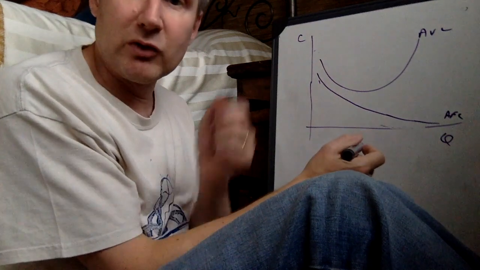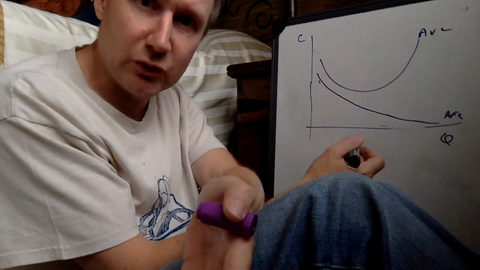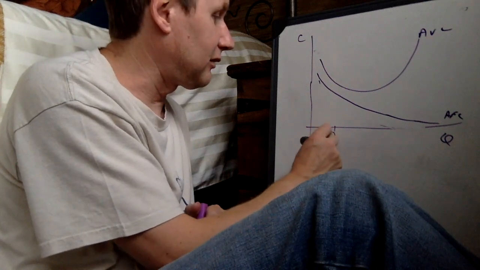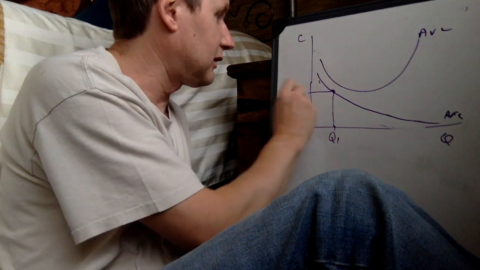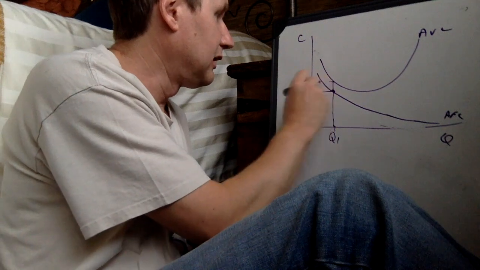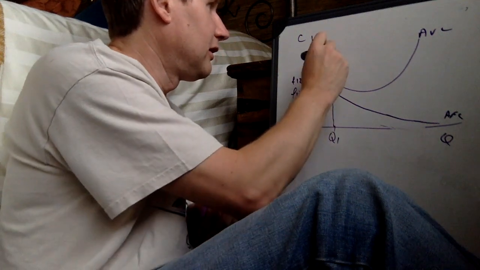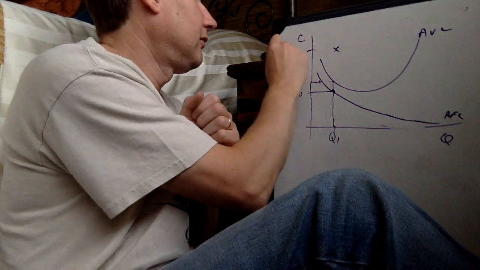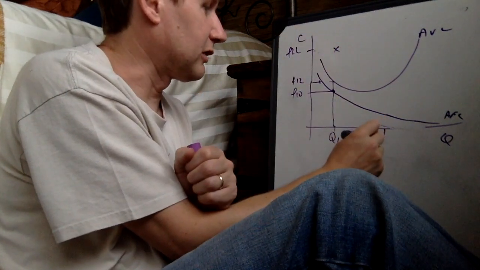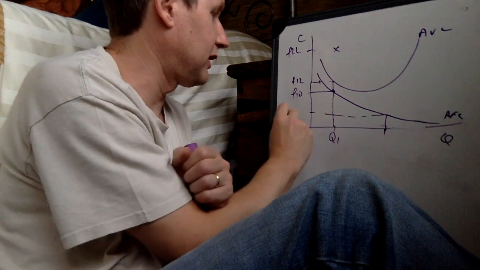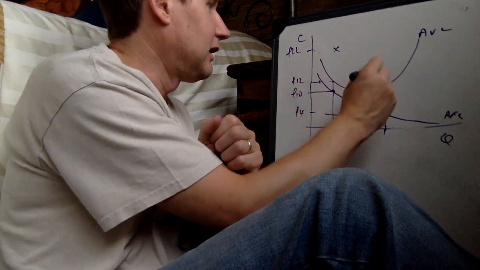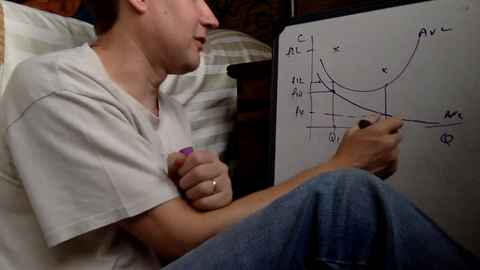To find average total cost, the actual average cost per unit, so that you can set your price: say at one output, fixed cost is 10 quid per unit and variable cost is 12 quid per unit, therefore the average total cost is 22 quid. For this one, fixed cost is much lower, say 4 quid, variable cost about 11, so average total cost is about 15.